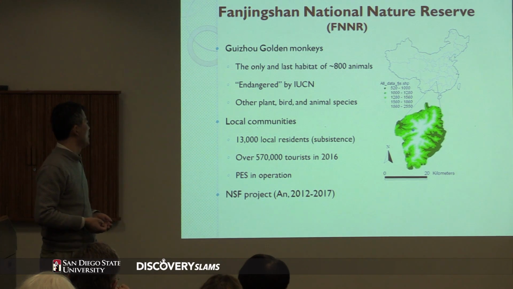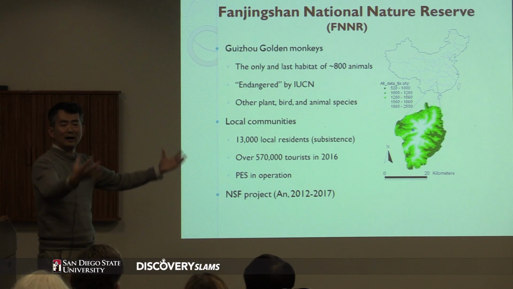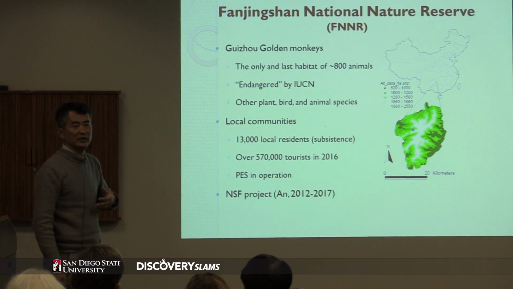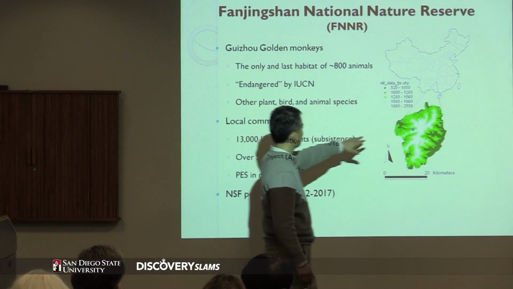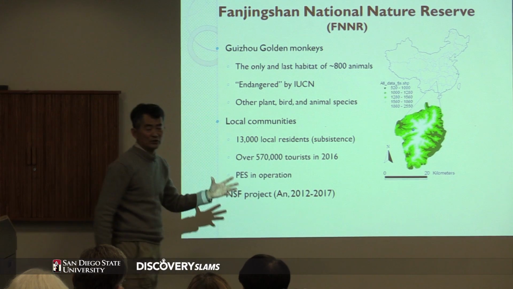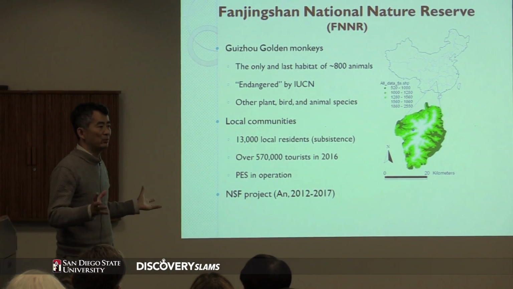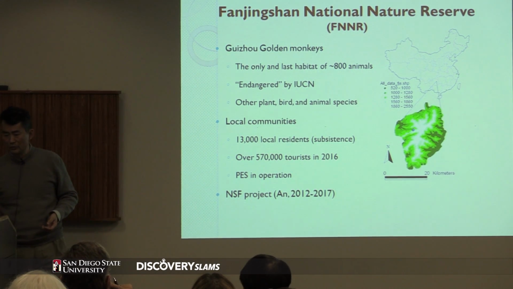At the same time, over 570,000 tourists come to the reserve to enjoy the natural beauty and the cultural heritage in the reserve. For example, this is the top of the nature reserve. There are many Buddhist temples, Taoist temples over there, and the natural beauty. I don't have probably time to show that.